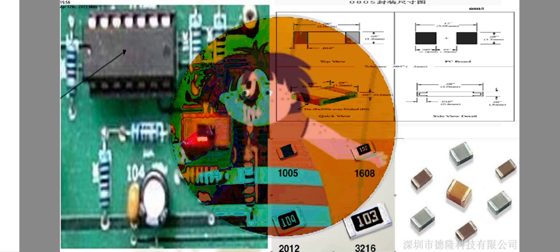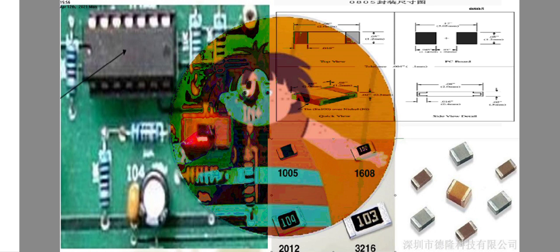The pad is a surface mount, only surface mount, not from top layer to bottom layer. You must remember it.